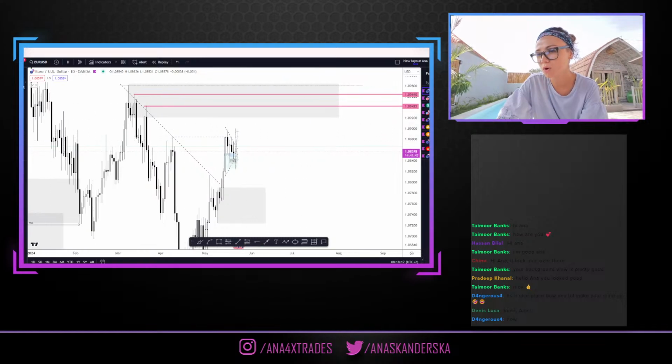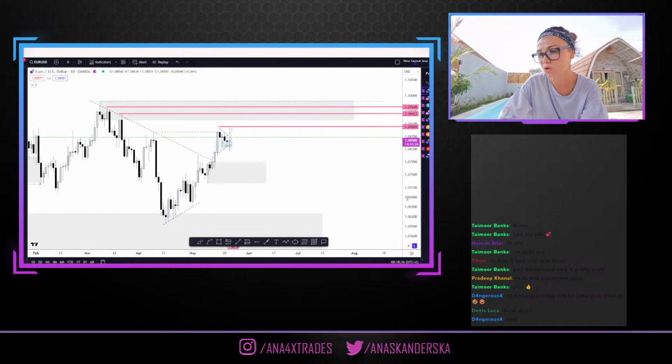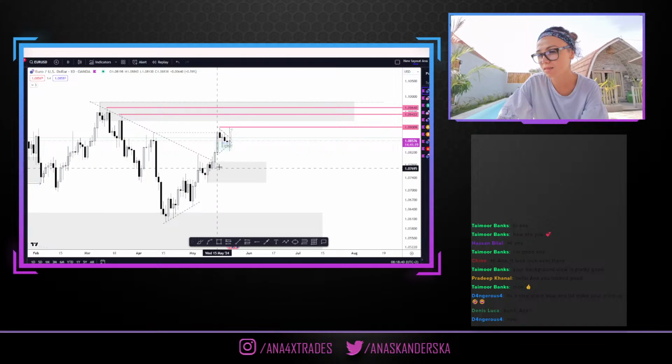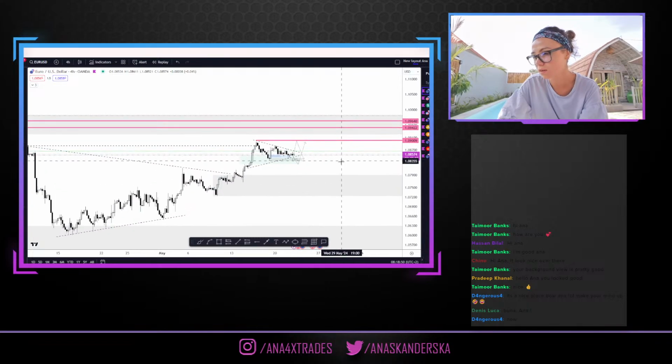We can see that we also have an institutional level here. So a great scenario would be price coming, taking this buy side liquidity, respecting this institutional level, and then shifting order flow into bearish, and then I will look for short opportunities targeting this sell side liquidity that we have here, or this sell side liquidity, which is the closest sell side liquidity pool that we have.